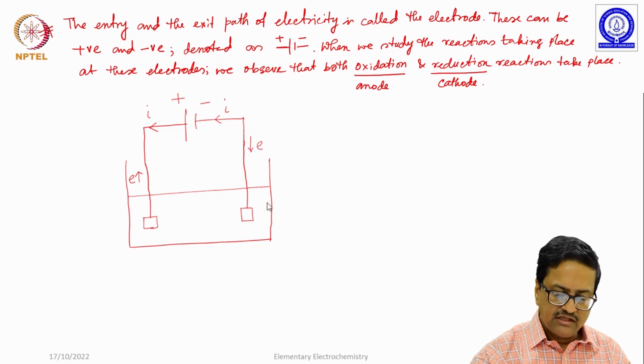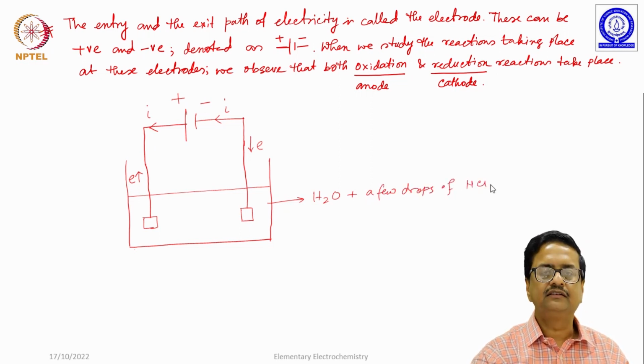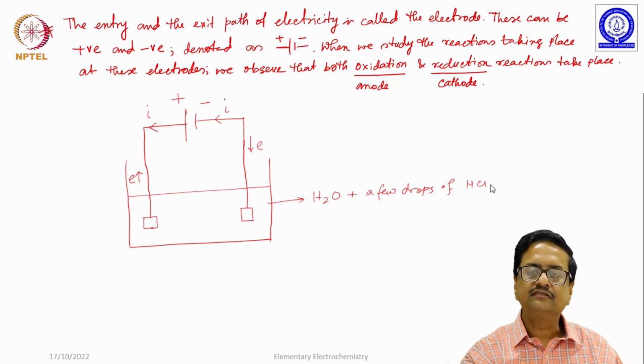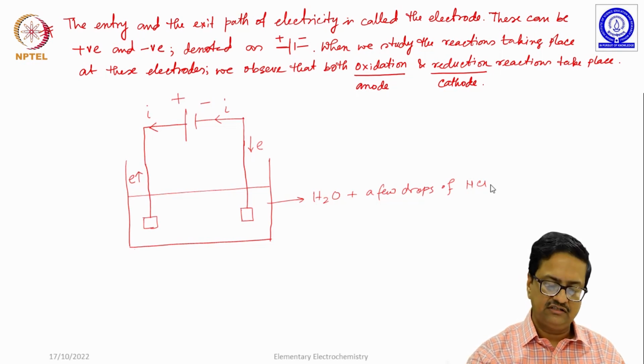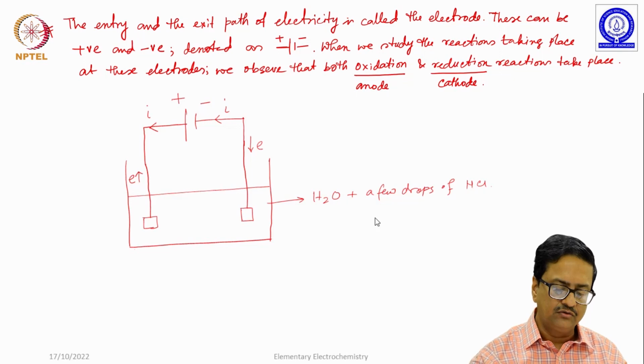So, this is a solution of water plus a few drops of say HCl, making it conducting. You know that 100% pure water does not conduct electricity, it is a covalently bonded compound. Its electrical conductance is extremely low.